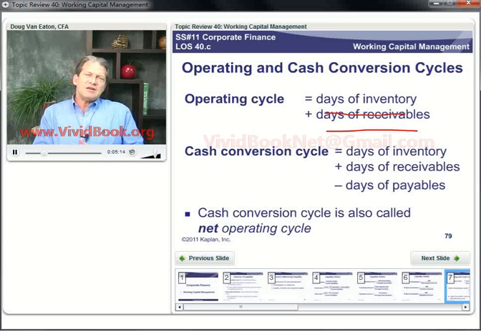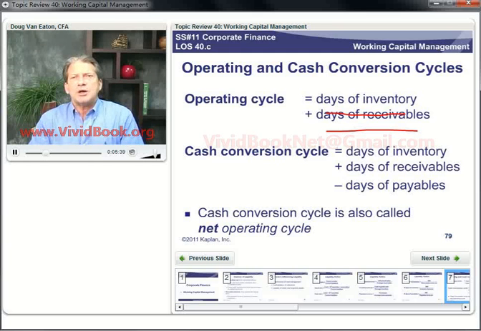Then they stay in inventory as they're processed through to finished goods, and they stay in inventory until they're sold. Assuming they're sold on credit, then there's a number of days from when we sell it until we eventually collect the cash. So that's why we call this our operating cycle. Start with raw materials, end with the cash from the sales.